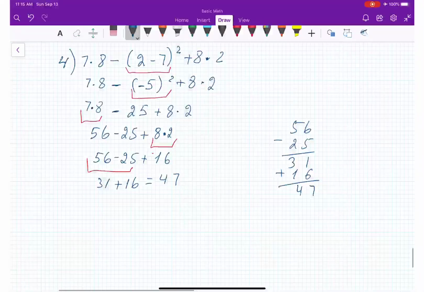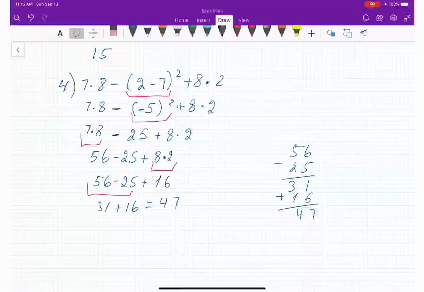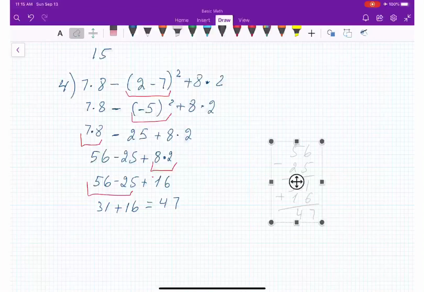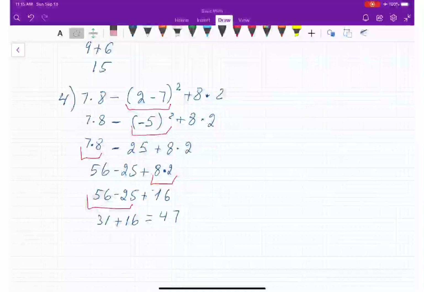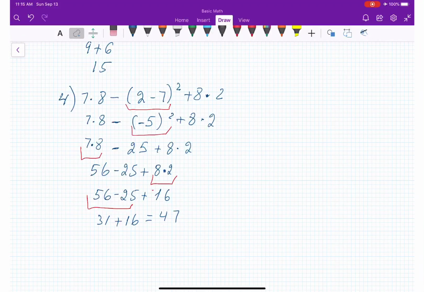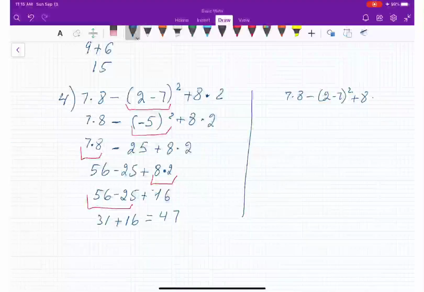Now let me show the shortcut also, or the faster way to do it. But you have to feel comfortable to solve this way. So that's how I would solve myself. 7 times 8 minus 2 minus 7 squared plus 8 times 2.